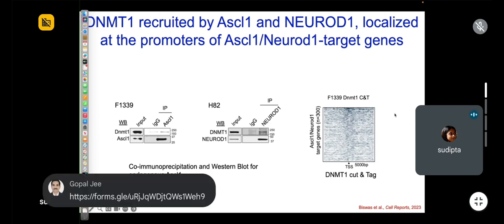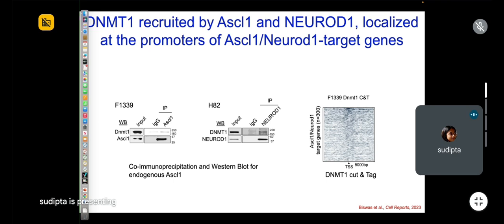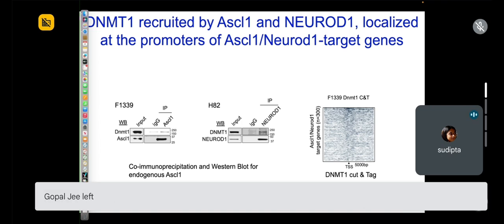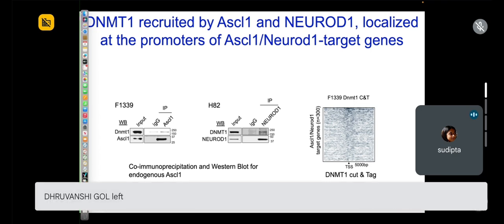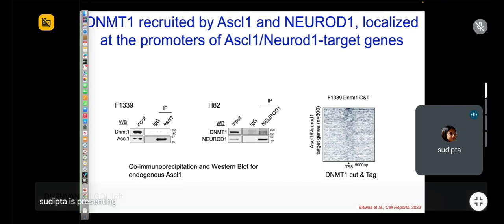And CUT&Tag is similar to ChIP-seq. But here we use a specific antibody, and we use live cells. The antibody will bind to that particular protein. Here we use the DNMT1 antibody, and it will bind to DNMT1 wherever it is bound in the chromatin region, and where it binds, they immediately cut the piece of chromatin.